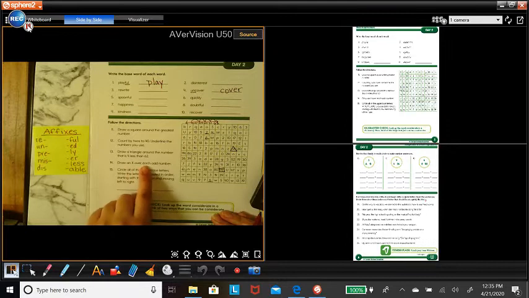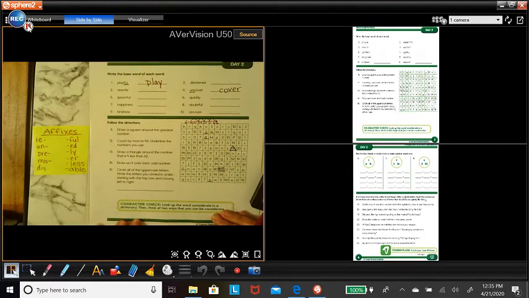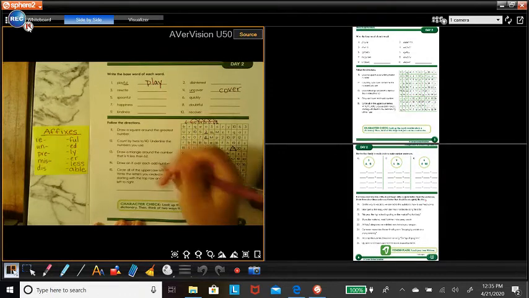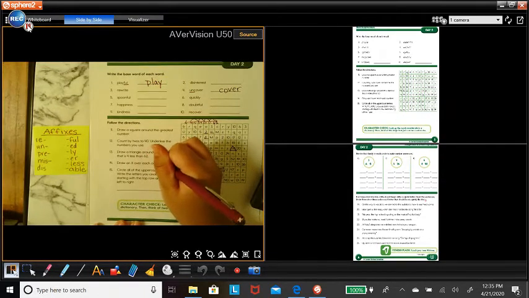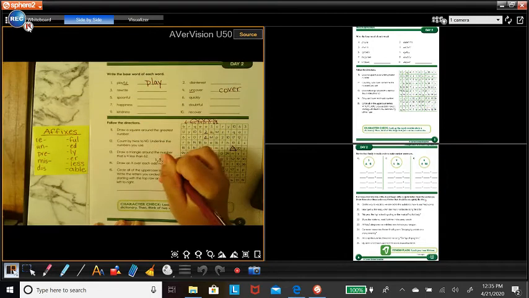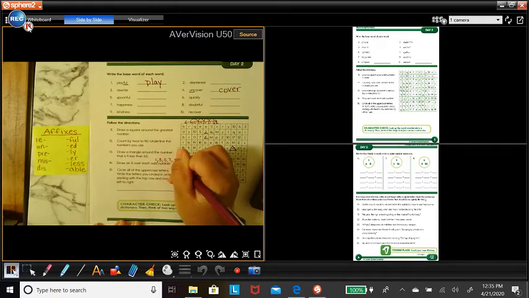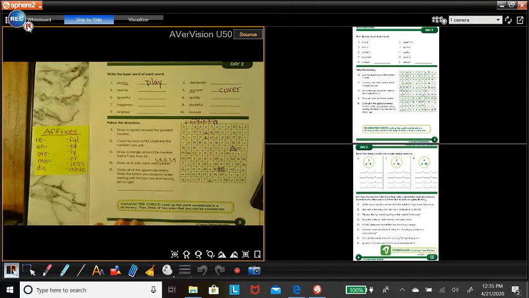Draw an X over each odd number. So an odd number does not have a pair, so that's 1, 3, 5, 7, and 9. Now let's look at the number 31. When you are looking at a number that has more than one digit, you have to look at the ones place.